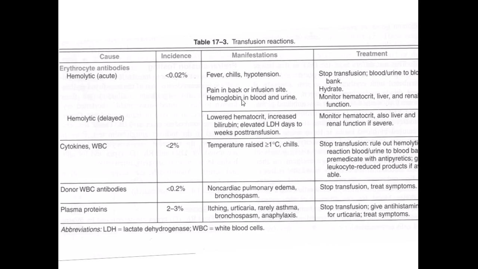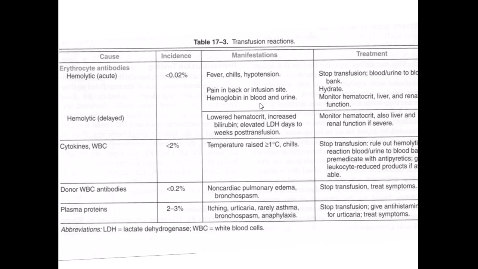The manifestations we see are fever, chills, and then the blood pressure will go down, hypotension, and sometimes back pain, or pain at the infusion site. We check the hemoglobin. Sometimes we see hemoglobin in the urine because of the rupture of red blood cells.